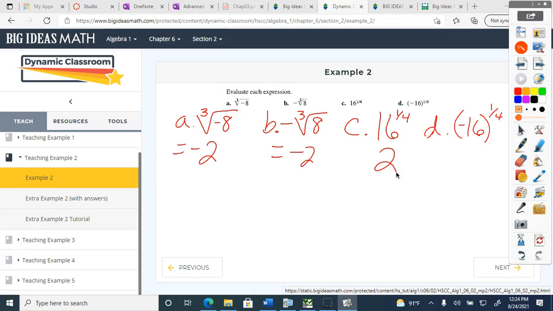Let me explain why. If the 1/4 power is what root? The fourth root. So you're figuring out the fourth root of negative 16. And here is what happens. This number is not real. And all the numbers in this class we're dealing with are going to be real.